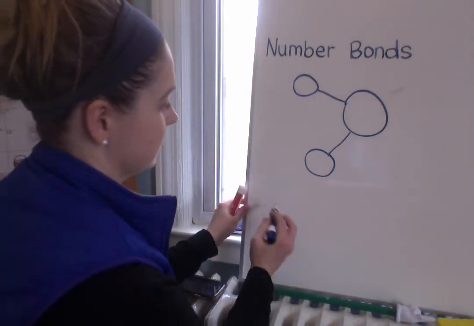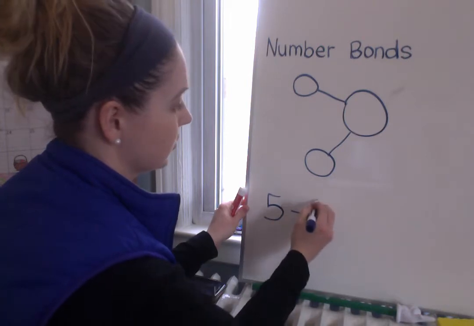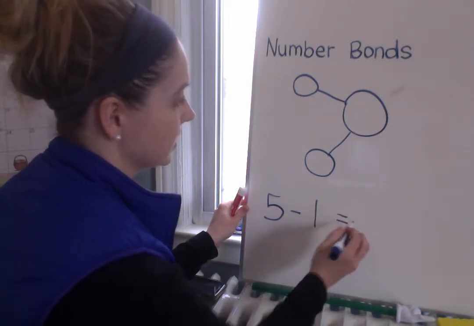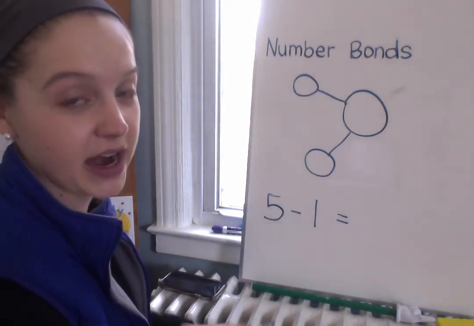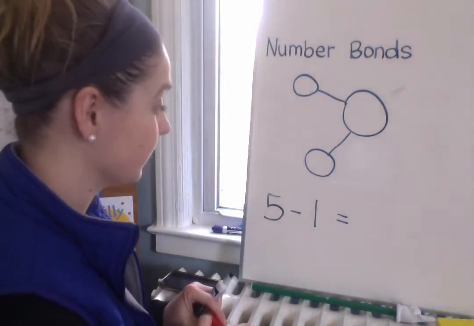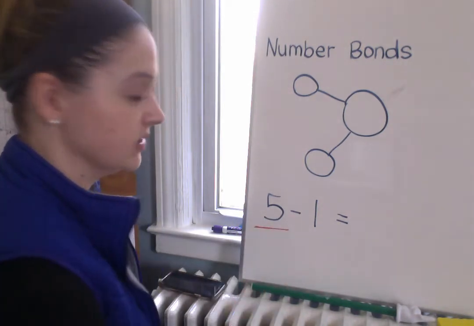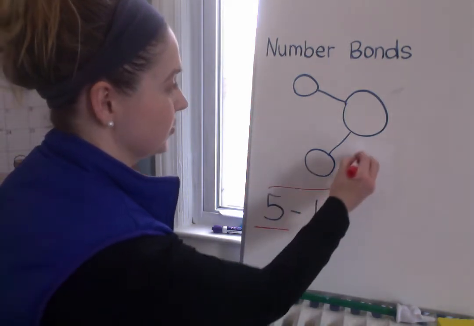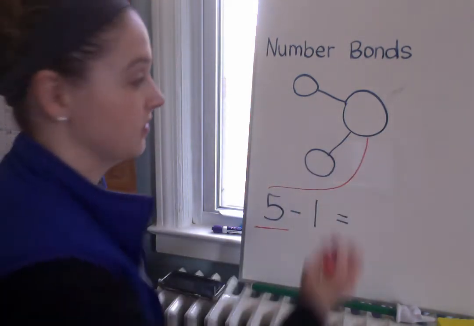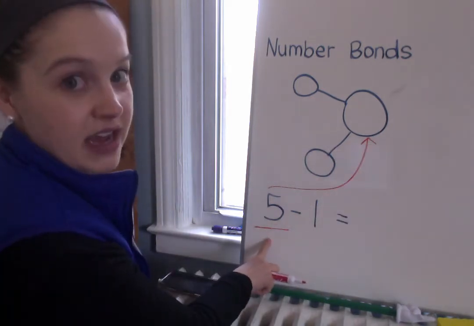If I looked at the subtraction problem, 5 minus 1 equals. When I fill in my number bond for subtraction, it's going to look different. The first number that I use in a subtraction problem is going to go into the big circle instead, because that's how many we have all together.